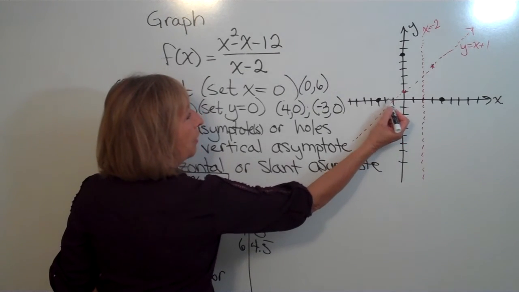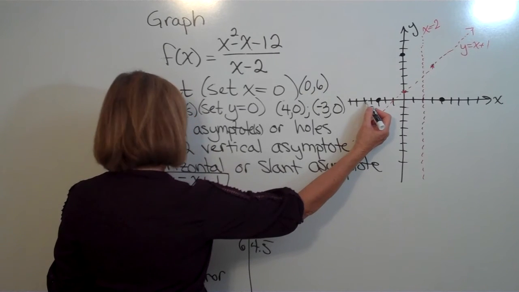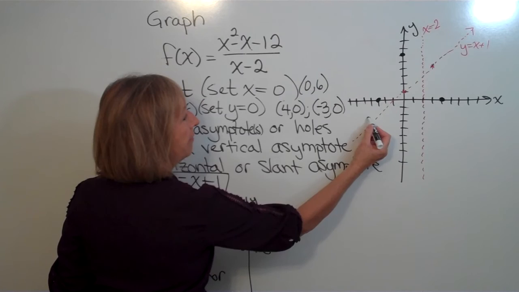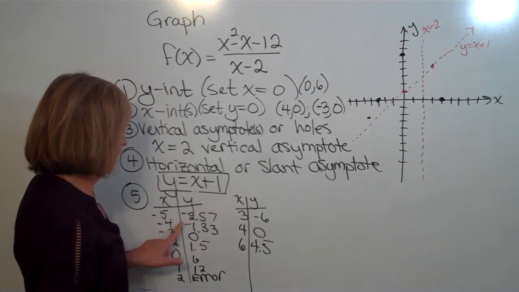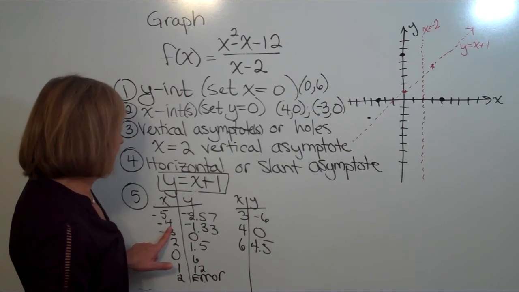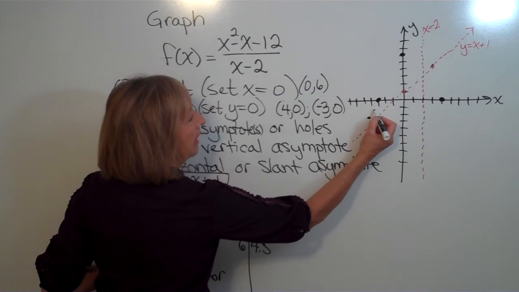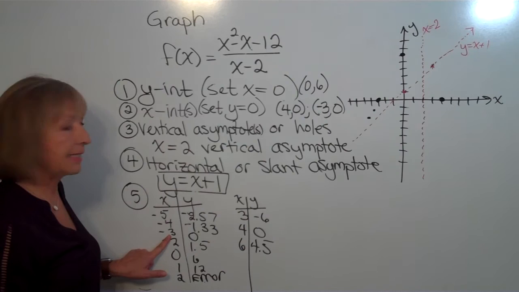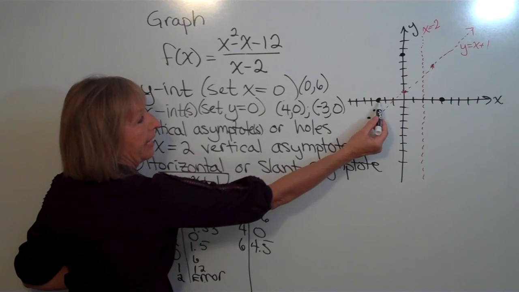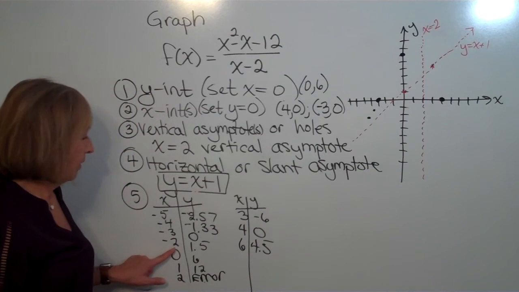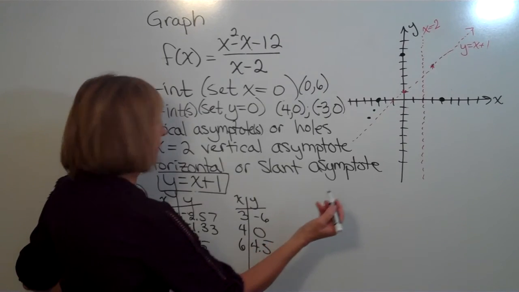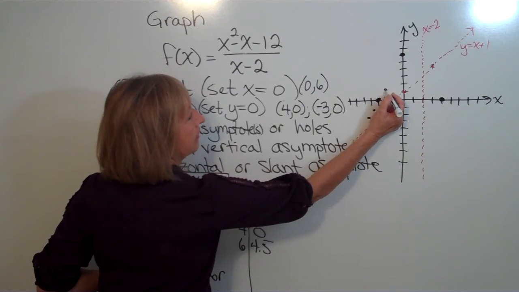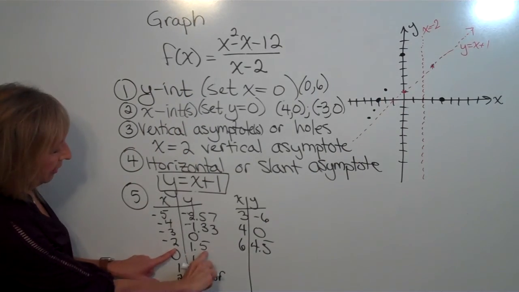So x equals -5, I get -2.5-ish, so kind of about here. When x is -4, I'm at like -1.3. When x is -3, I've got a verification that my y is 0. When x is -2, left 2, I go up 1.5. I'll let you see it there.